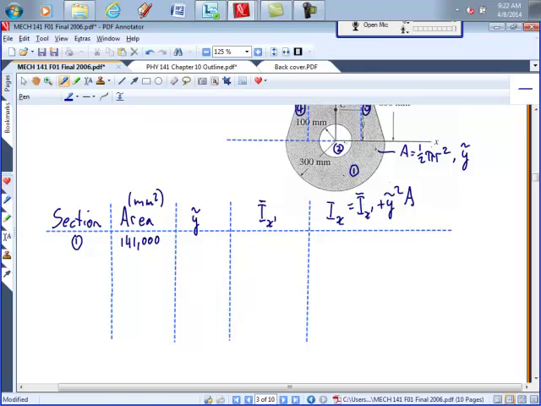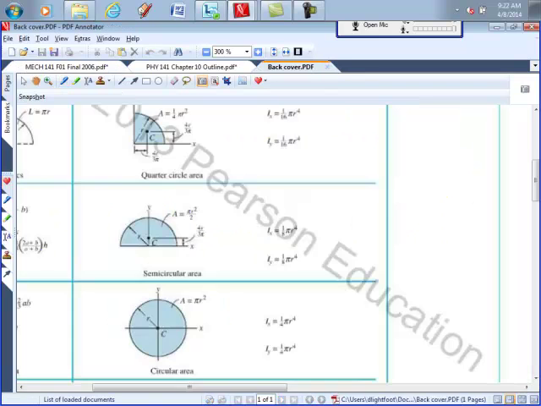It's not at the center because it's a semicircle. We'd go to the back cover, and we'd look. Here's a semicircular area, and the centroid from the axis that cuts the circle in half is at 4r over 3 pi. So that's the value of y tilde we're going to use for the semicircle, 4r over 3 pi.